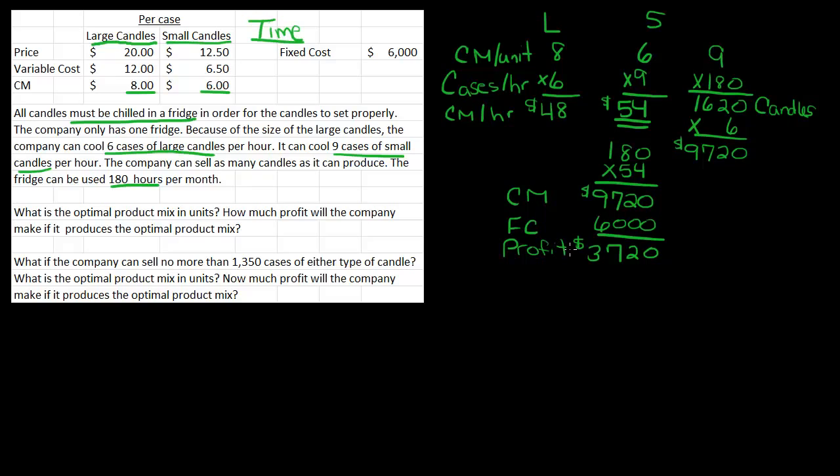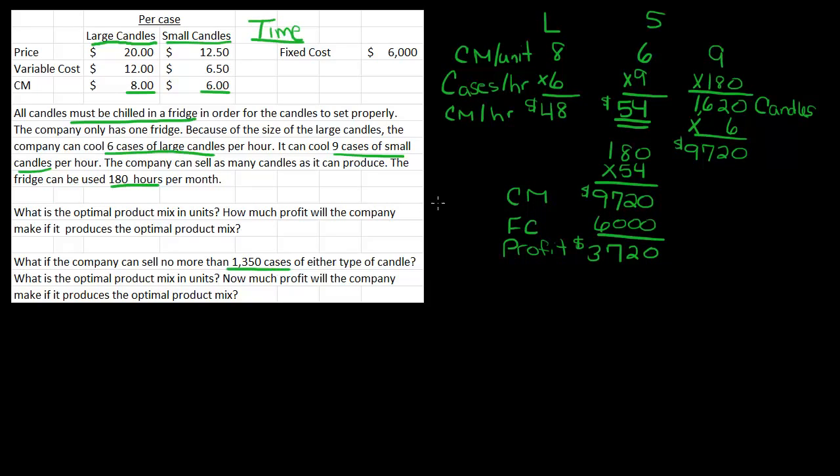Now, what happens if we put another constraint in here? Let's look at question number 2. What if the company can sell no more than 1,350 cases of either type of candle? Well, we just said that if we made all small candles, we could make 1,620 cases of candles. Well, that's more than 1,350.